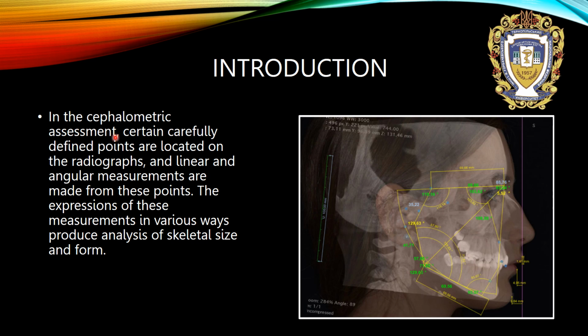In the cephalometric assessment, certain carefully defined points are located on the radiographs, and linear and angular measurements are made from these points. The expressions of these measurements in various ways produce analysis of skeletal size and form.